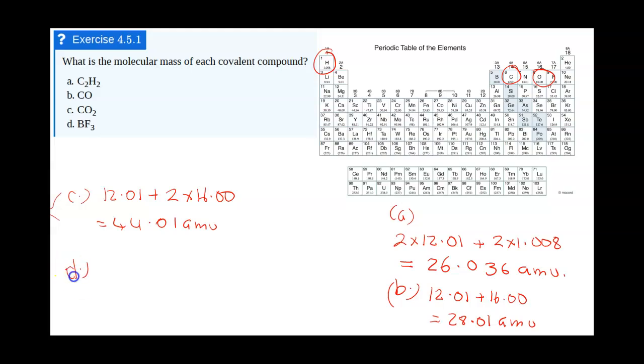And finally, D, we have one boron, and then we have 3 fluorines, and the mass of that molecule is 67.81 AMU. So it's a pretty simple concept. You just add together the masses of the atoms.